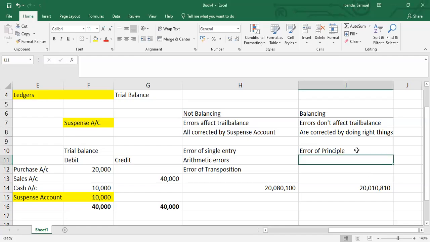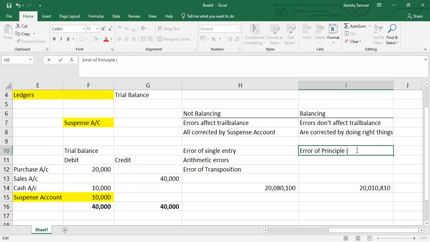An error of principle is basically an interchange of accounts, where instead of posting an item in an asset account, you end up posting it in an expense account.